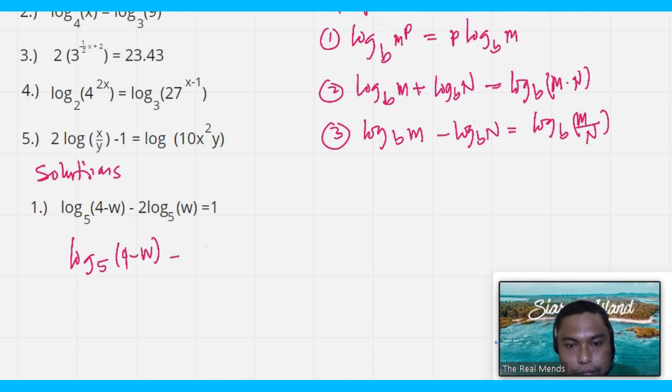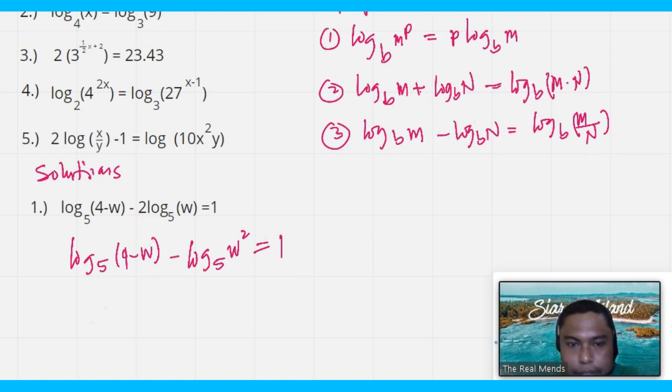So this could be written as log base 5 of w squared is equal to 1. So I just transpose the exponent 2 to the exponent of w. After this, I use again the properties number 3.